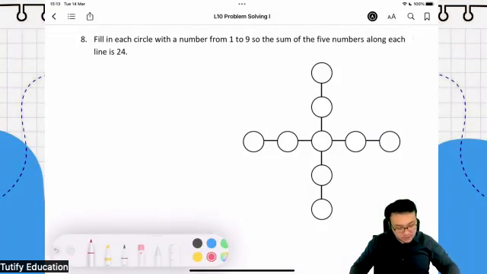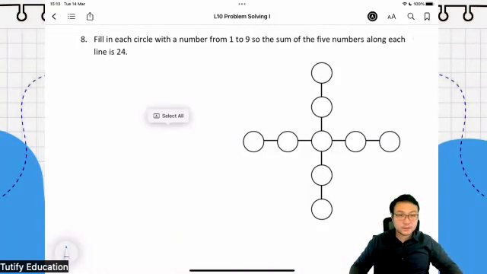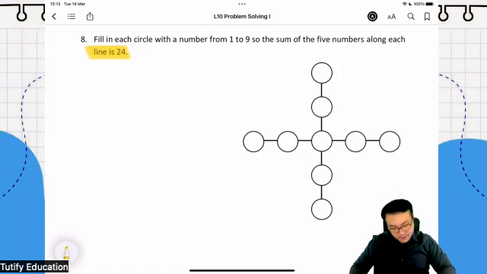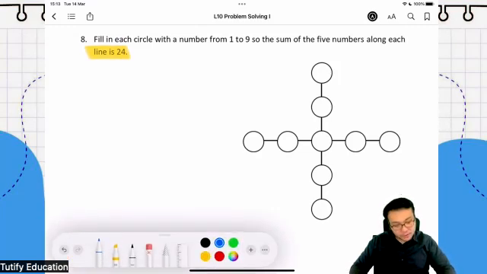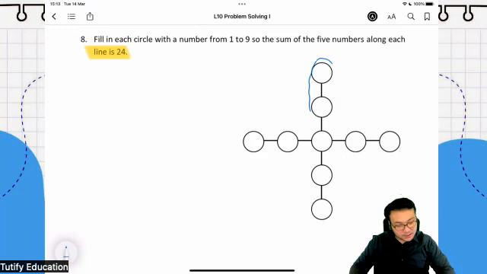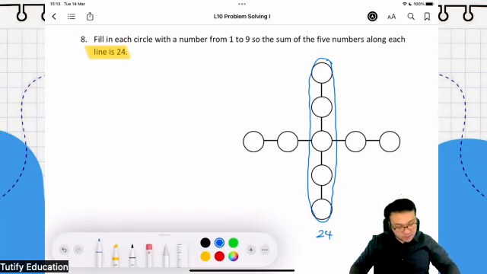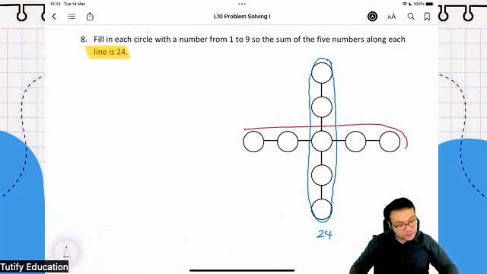Now, students, for this one, we are thinking that you need to fill in each circle with the numbers 1 to 9. And you must get the sum of 24 when you add up the vertical column, and also when you add the horizontal row, you must get 24.